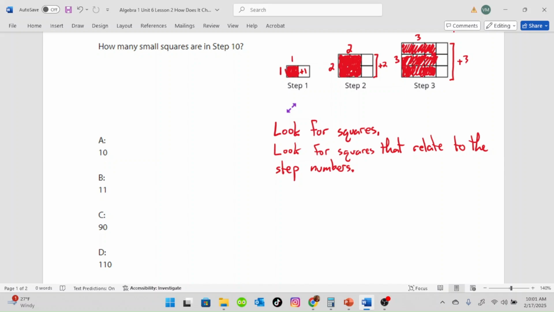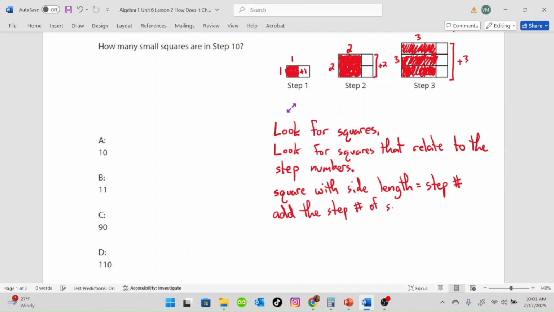So the pattern that we see is a square with side length equal to the step number, and we add the step number of squares.